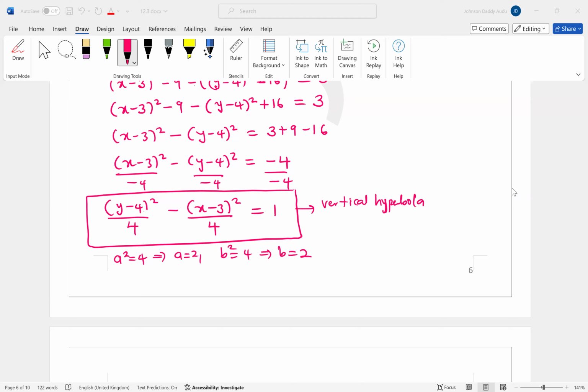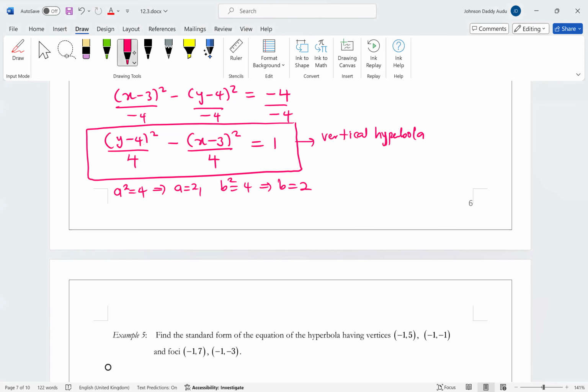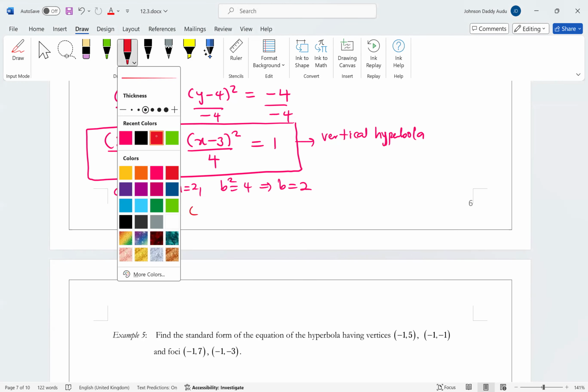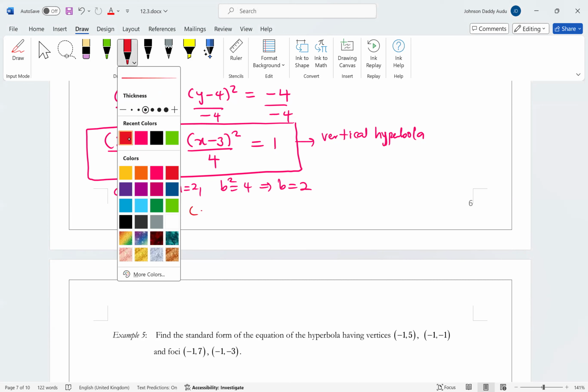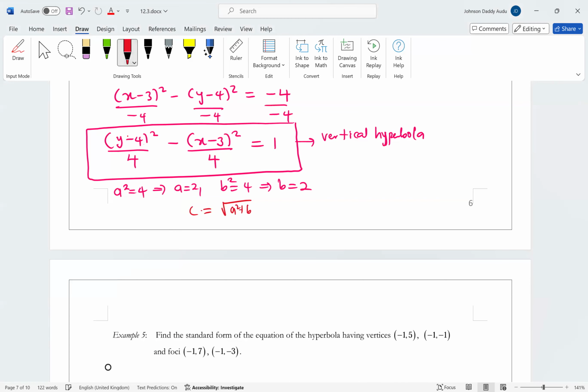All right, so what is C? We can find C also. C is just going to be the square root of A squared plus B squared, which is just going to be the square root of 4 plus 4, which is the square root of 8.